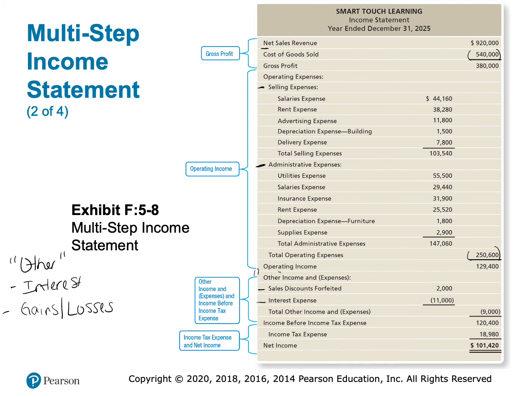If we sell that equipment or that building or whatever for more than book value, we'll have a gain. If we sell it for less than book value, we'll have a loss. All gains and losses from sales of plant assets go down here in the other section. So these are gains or losses from the sale of plant assets.